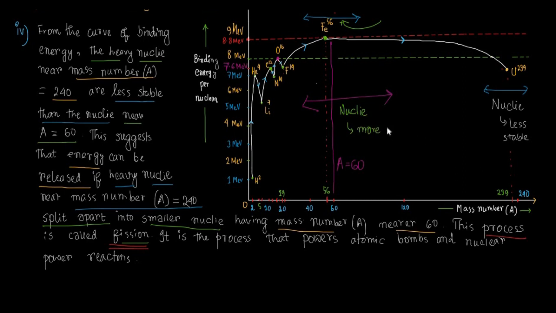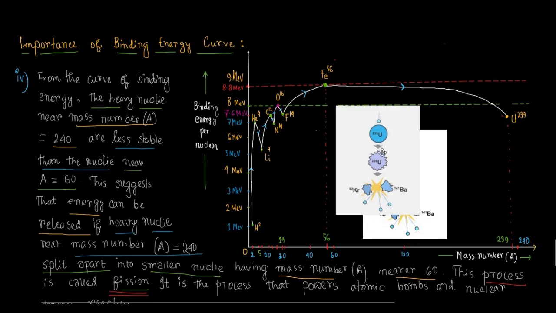Obviously, a heavy nucleus having mass number around 240 will split into lighter nuclei along this direction. That means nuclear fission will occur along this direction, and the heavy nucleus will split into lighter nuclei having mass number ranging from 40 to 120 or 140.